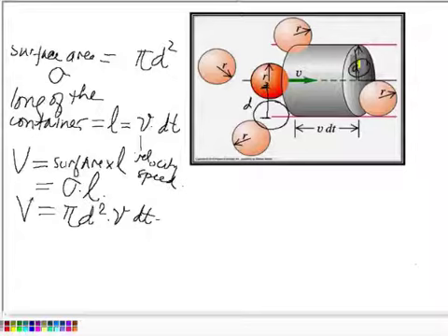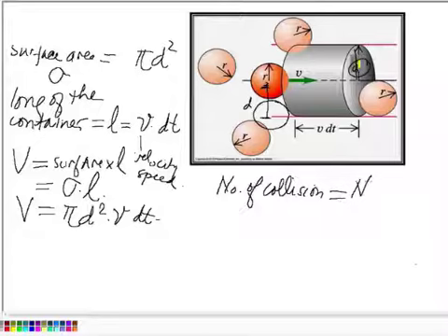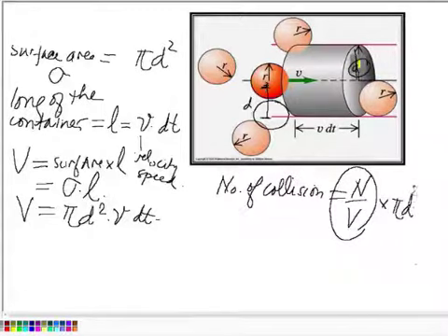The number of the molecules in the container, let's say, is represented by N, and now the number of collisions is equal to N per V, where N is the number of molecules. This is the molecule density times the volume, which can be written as pi d squared times v delta t.